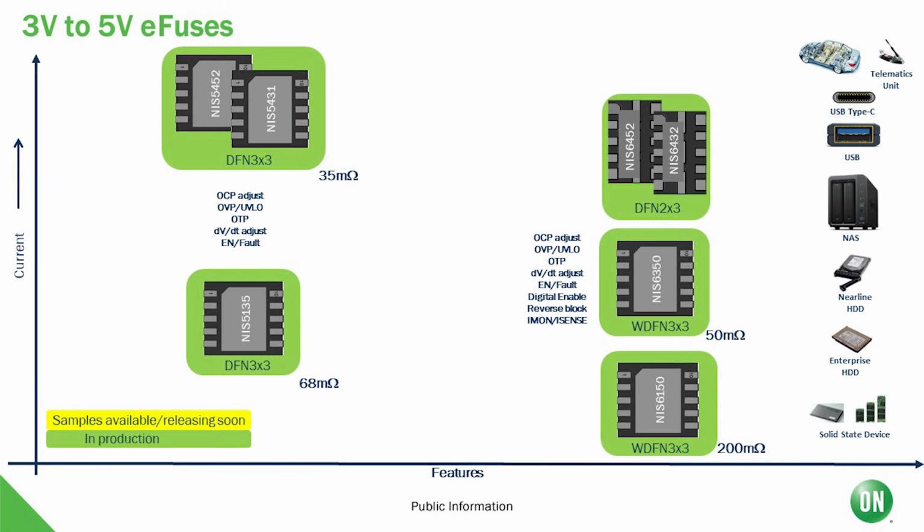Looking at NIS 5135, one of our legacy products, it has the classic feature set of DVDT, overcurrent protection, overvoltage protection, overtemperature, and enable fault, whereas looking at our recently released NIS 6350 and the soon to come out NIS 6432, these have enable fault, digital enable, reverse block, and IMON iSense, as well as all the other features.